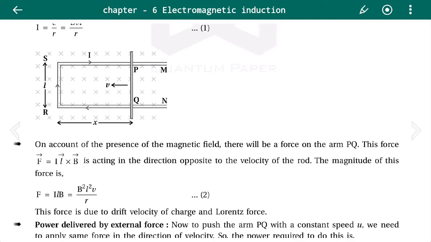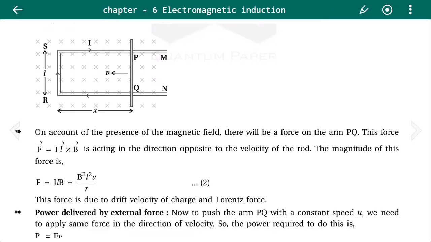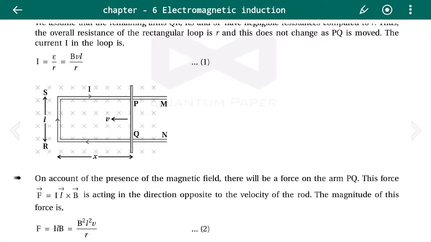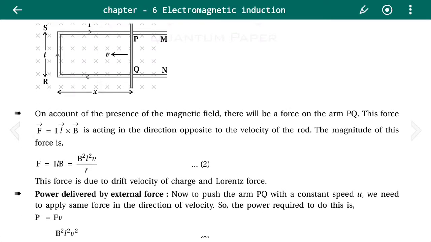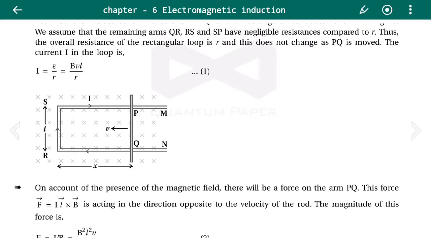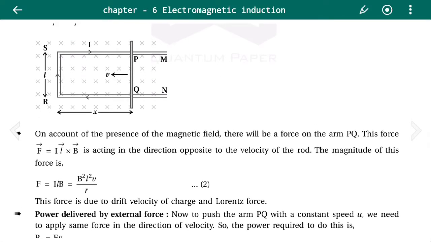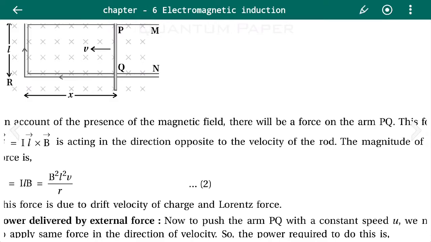So that is the direction of the magnetic field, and because this rectangular conducting rod is placed in the magnetic field, this PQ rod is moving, and the force given to this PQ rod has a direction opposite to the velocity of the rod.